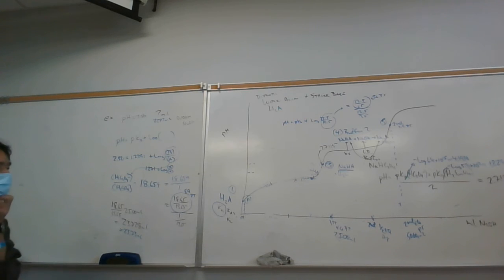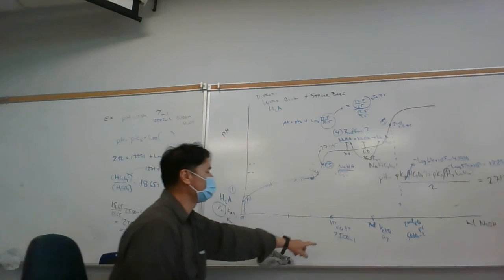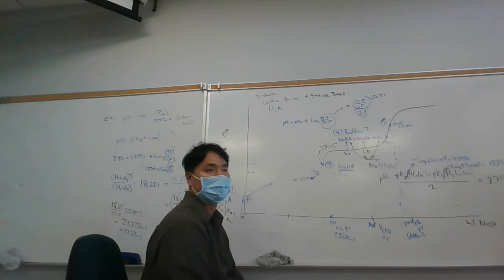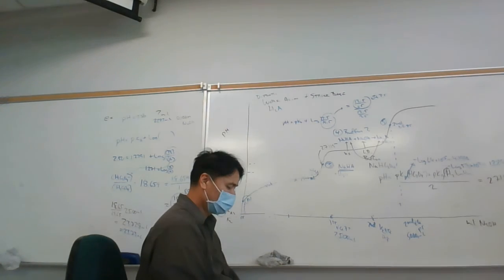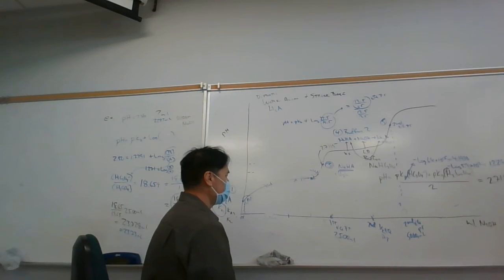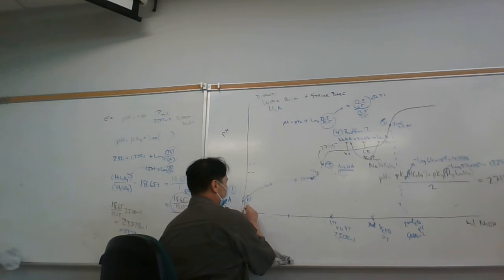It can't be 25 milliliters because this is 25 milliliters here, the first equivalence point. So it's not half of 50. What is it? 37.5? 37.5 is correct.